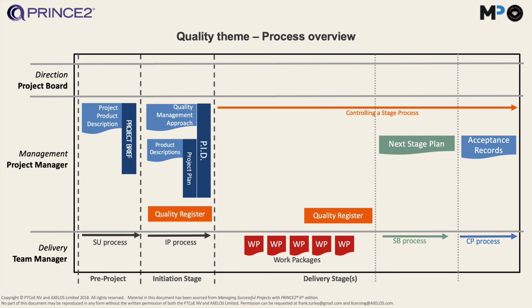So there's a relationship between the start of the project, the pre-project process, and the closing a project process as well. And then we have our project plan to show what's being created in the project. And of course, the reason that's there is because it includes the product descriptions as well, which includes the quality requirements.